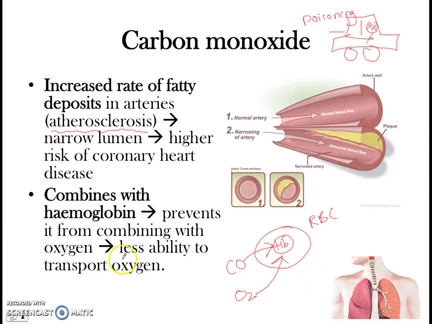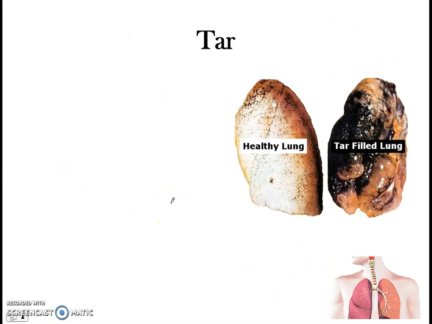So carbon monoxide leads to less ability of your blood to transport oxygen. And eventually, if you are not able to transport oxygen to your tissue cells, you will die. So that's the bad effect of carbon monoxide. It combines with hemoglobin and prevents you from transporting oxygen as efficiently. Next, we have tar.